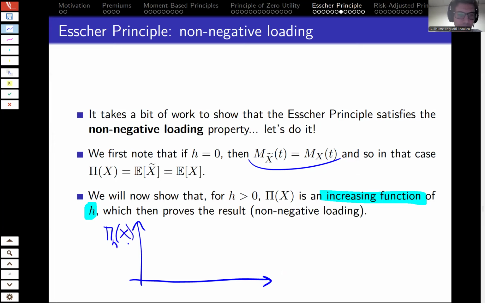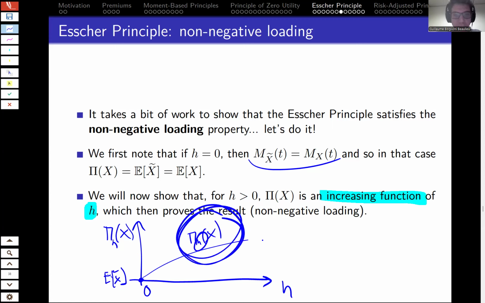The premium depends on the specific h you have. We just said that if h is 0, then the premium equals the expected value of the risk. But after that, this pi h is some increasing function of h, which means that for any h, pi x must be bigger than the expected value of x.